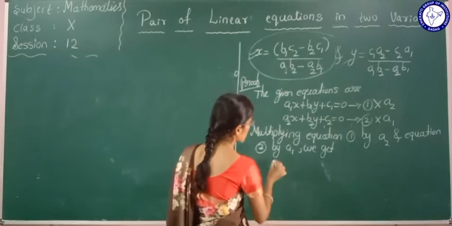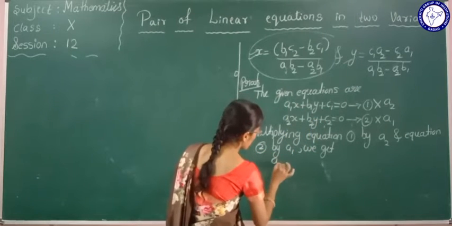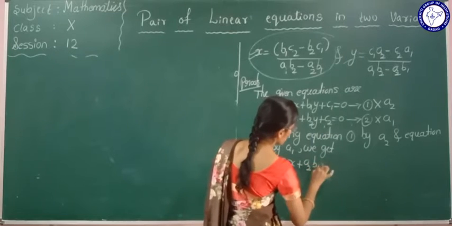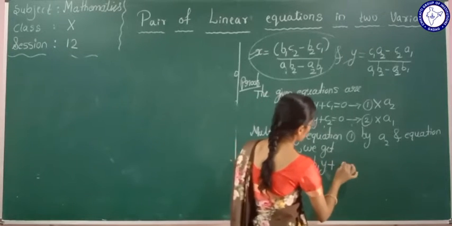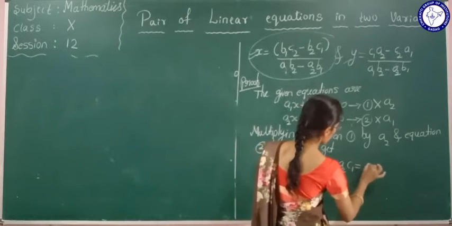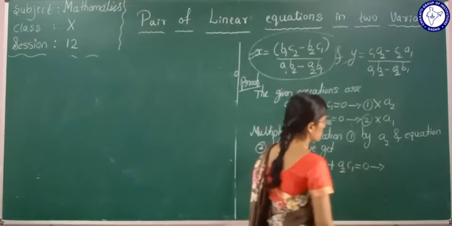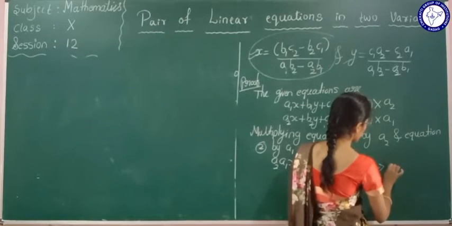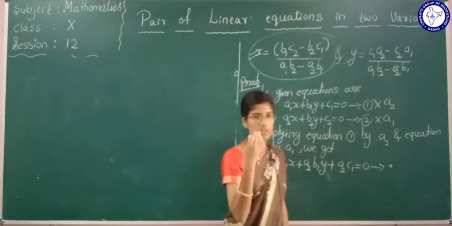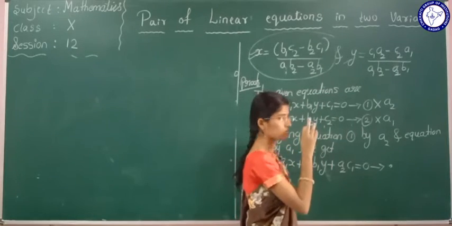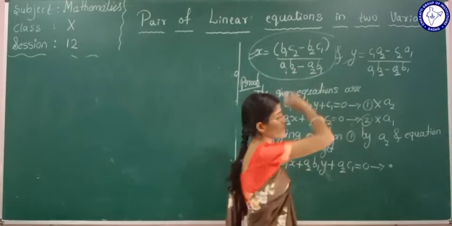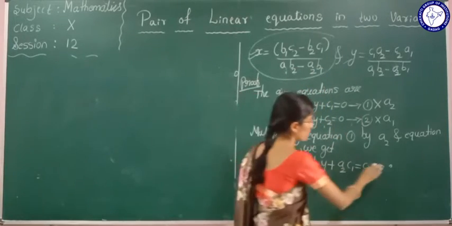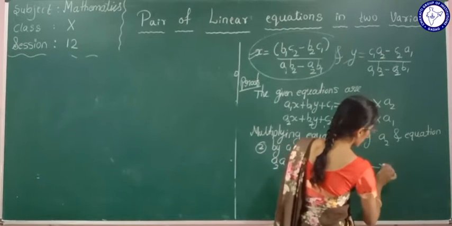We get a2a1x plus a2b1y plus a2c1 is equal to 0. Call this equation number, we will take 3. Just now we got equation 3 and 4 while proving the x value, so better we will take this as equation number 5.